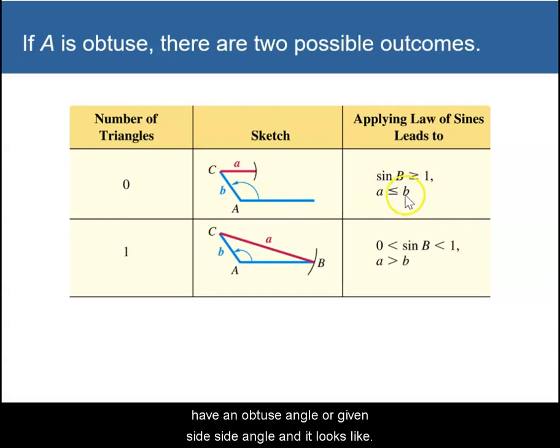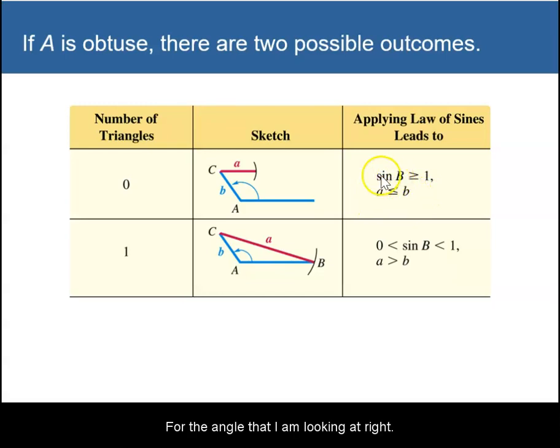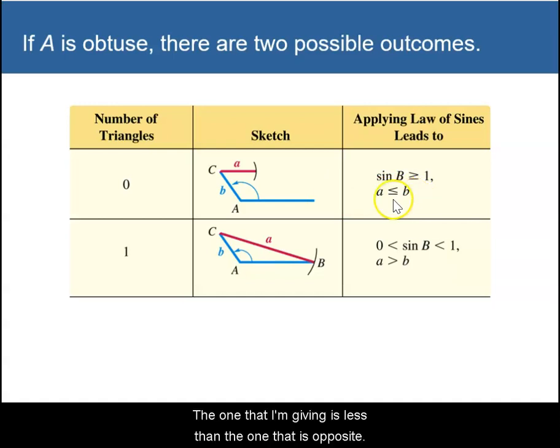We're given side-side angle, and it looks like the side that is opposite the angle that I'm given needs to be less than the adjoining side, right? That's what I need, right? Because it's obtuse.